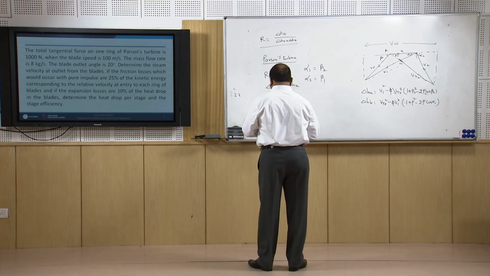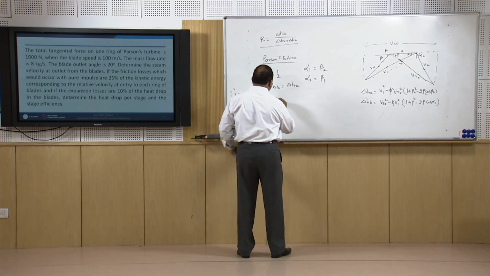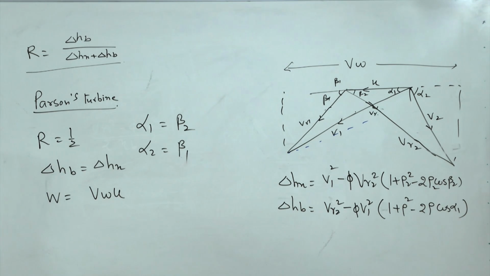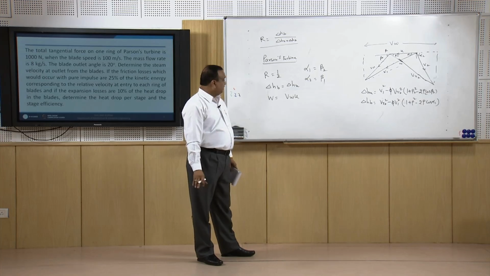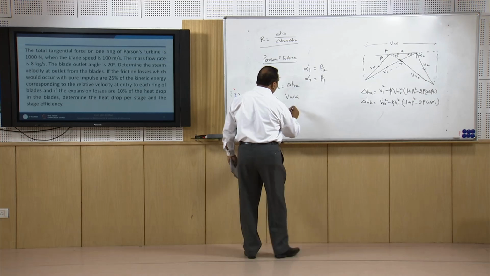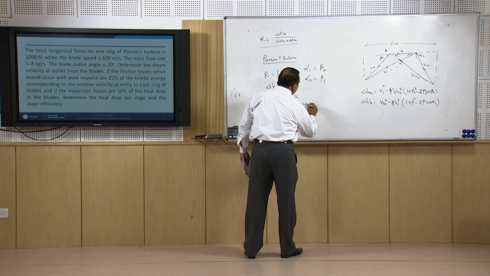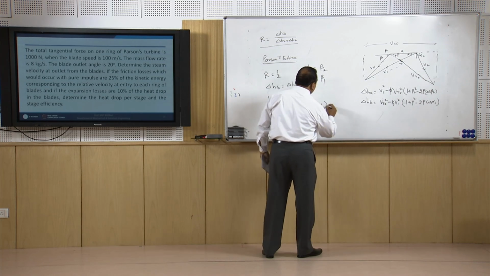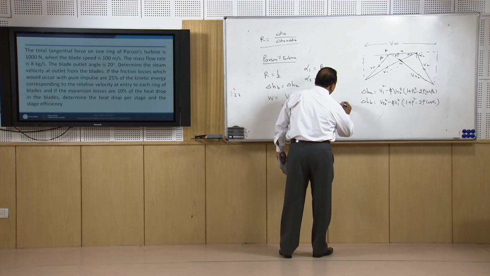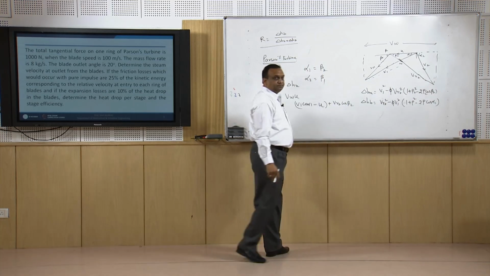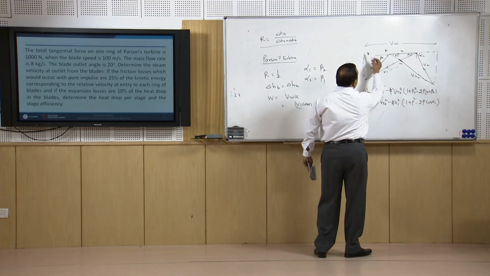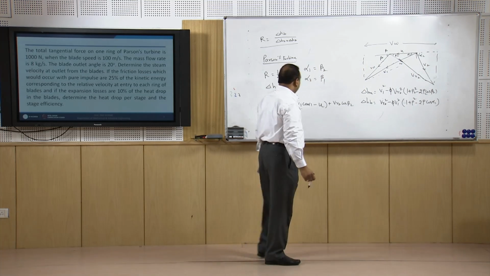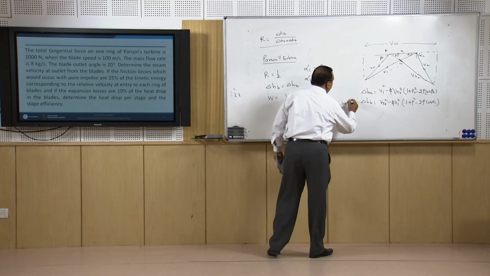If we refer to this, W is equal to VW and U. Per kg per second flow of steam, the work is VW U, and VW is V1 cos alpha 1 minus U plus VR2 cos beta 2. Now, if we multiply this by U, we get the output.